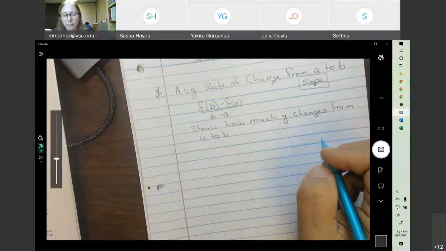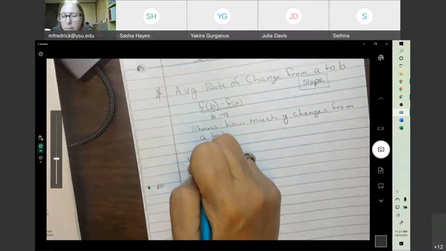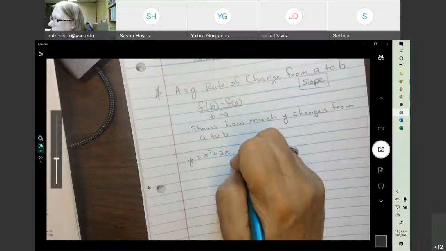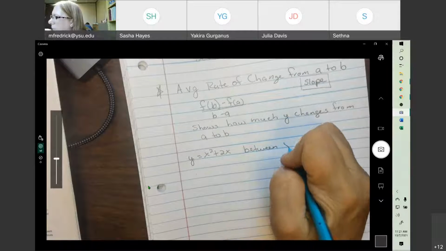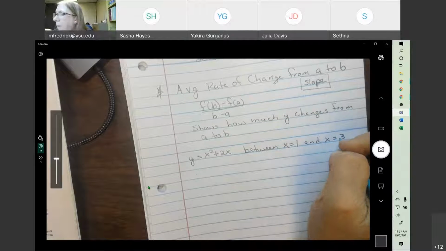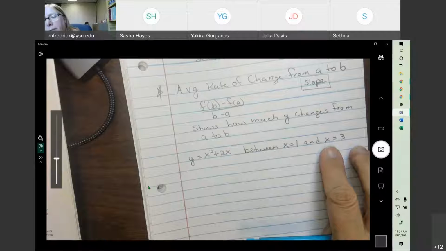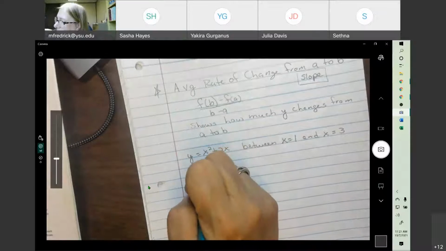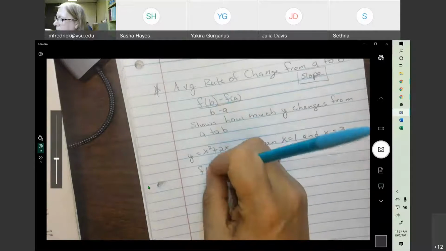So if we want to see how y changes from 1 to 3, we can use this formula.